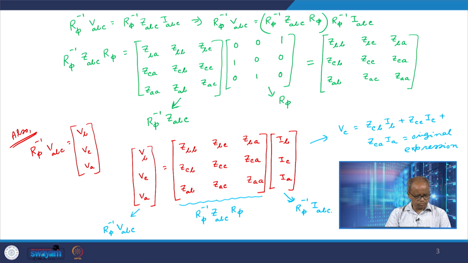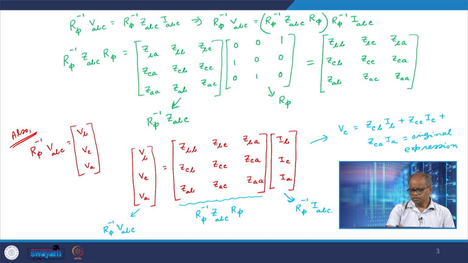So far we have looked into three cases: pre-multiplication by R phi, post-multiplication by R phi inverse, and pre-multiplication by R phi inverse. Now let us look at what happens if I post-multiply by R phi.